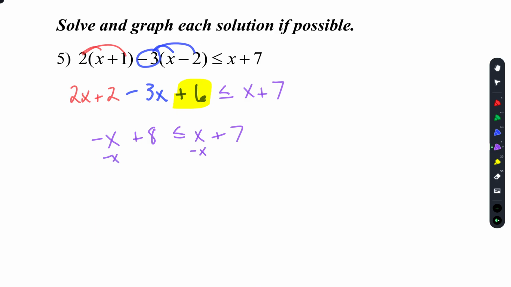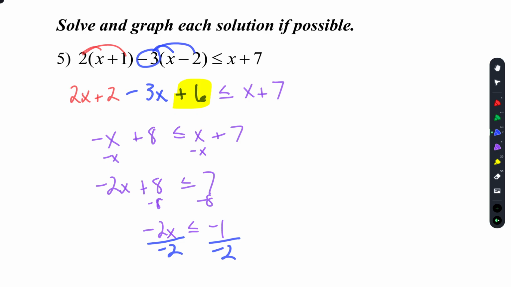So if I subtract 2x, I get -2x plus 8, less than or equal to 7. Then I subtract the 8, right? So I get -2x is less than or equal to -1. And then this is the juice. When you divide by -2, yes, it's a +1/2, but you have to switch the sign.